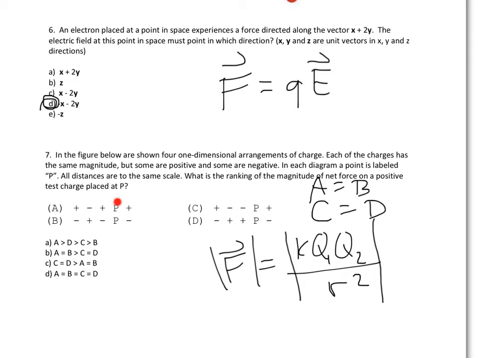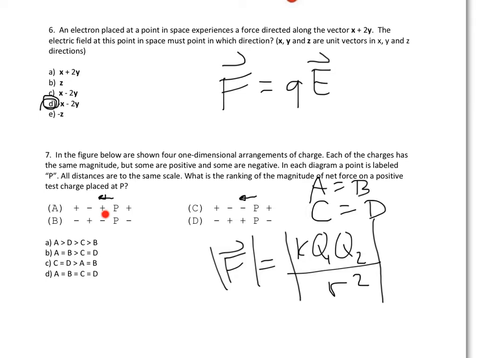Then this charge will repel, this charge will pull it this way. This one is a little closer than this one, so there will be a net force on P to the left. Likewise, that net force is going to point in the same direction in case C. So there's a little force to the left here, and the same little force over here.